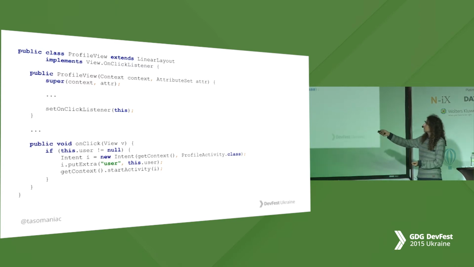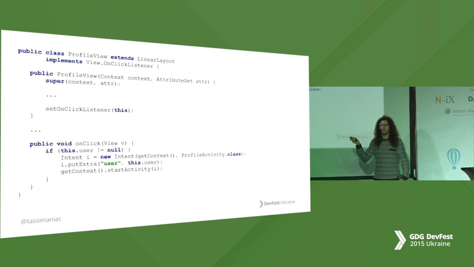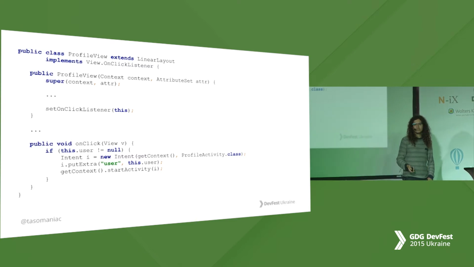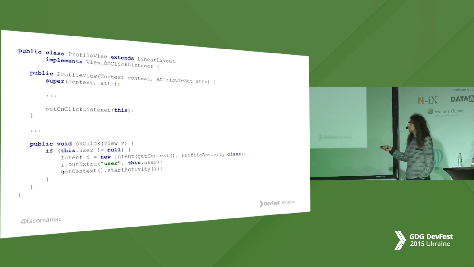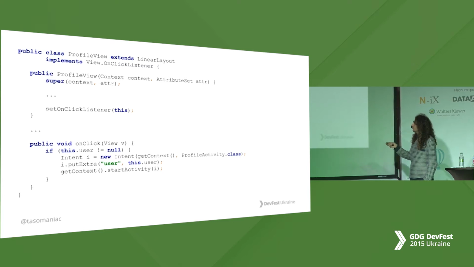We can have set OnClickListener in the constructor here, and the profile view can implement OnClickListener itself and handle the OnClick event itself. And all the activities that are using this profile view won't need to write this code over and over. It will just pass the user and open the profile activity here.